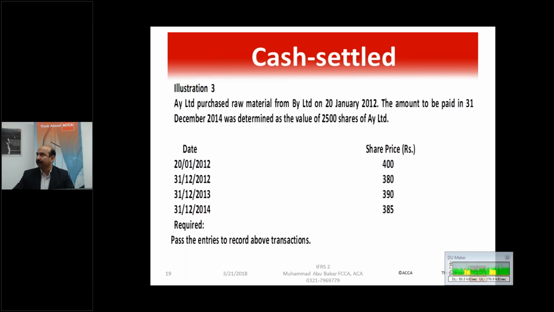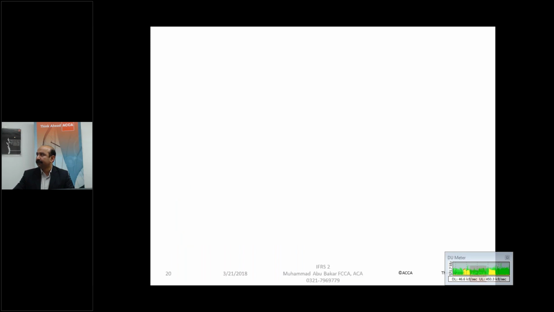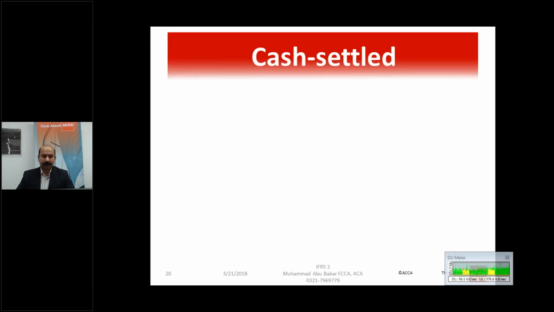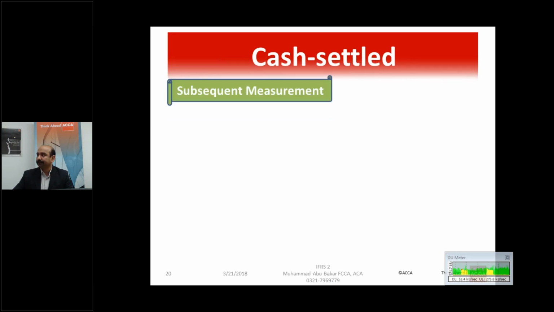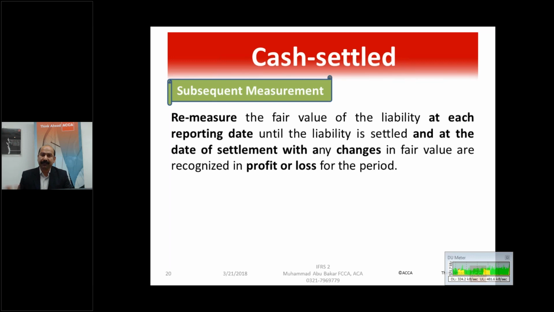So next is subsequent measurement. We have already done this, like remeasure the fair value of the liability at each reporting date. Like on 31st December 2012, I suppose, we recalculated it using the fair value, which was 380 at that date.